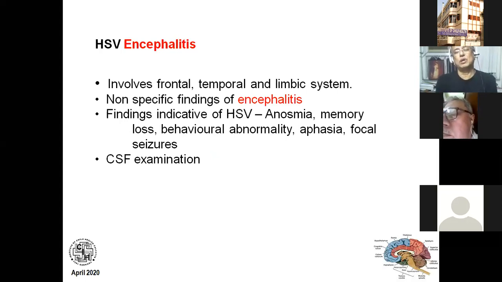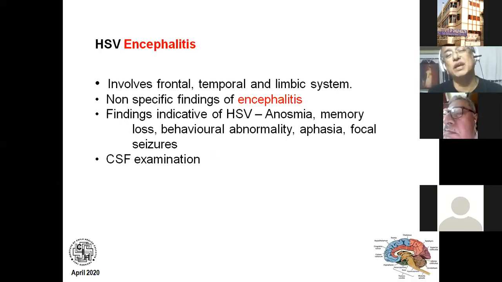They have olfactory, gustatory, and speech abnormality, and because of involvement of the limbic system, they also have behavioral abnormality. And all of you know the herpes simplex virus usually affects the skin, mucous membrane, eyes, genitalia, and central nervous system.